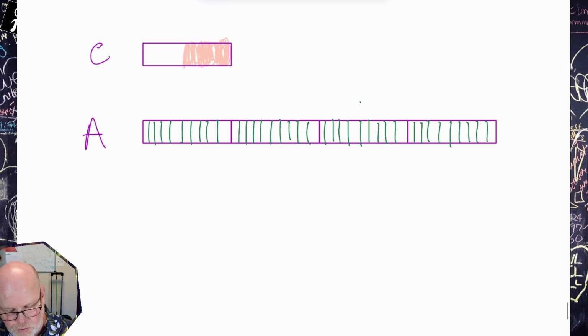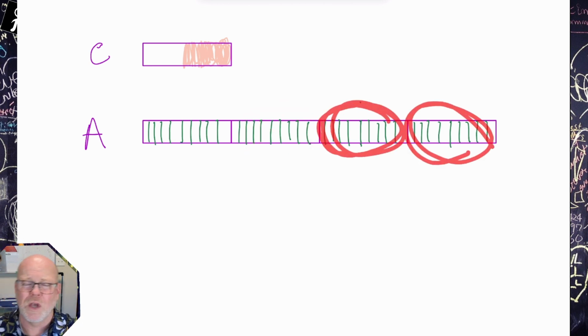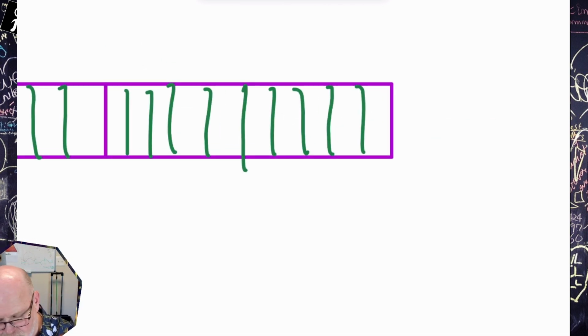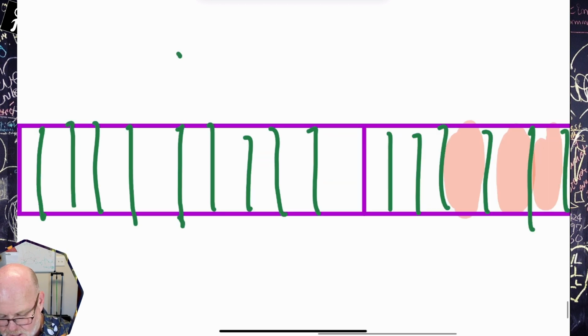So we're going to lose 3 in this first piece, 3 in the second piece, 3 in the third piece, and 3 in the fourth piece, which means altogether we're going to lose 12 pieces. So there's 1, 2, 3, 4, 5, 6, 7, 8, 9, 10, 11, 12.